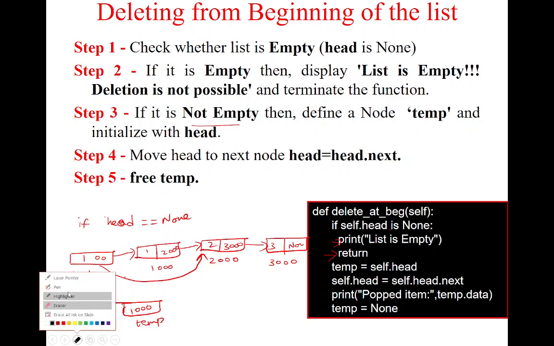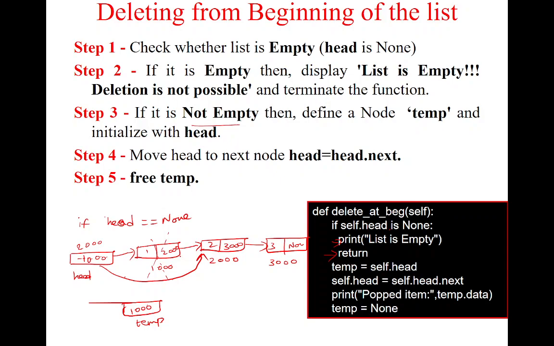So we are assigning temp equal to head. This 1000 will come. Then if I am deleting this node, I need to change this 1000 into 2000.